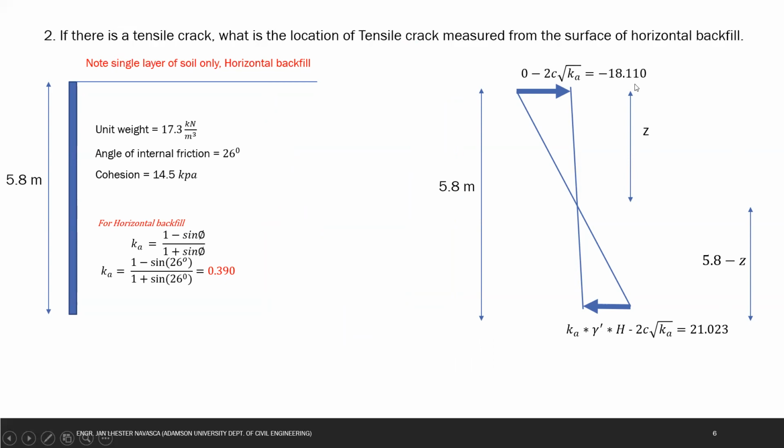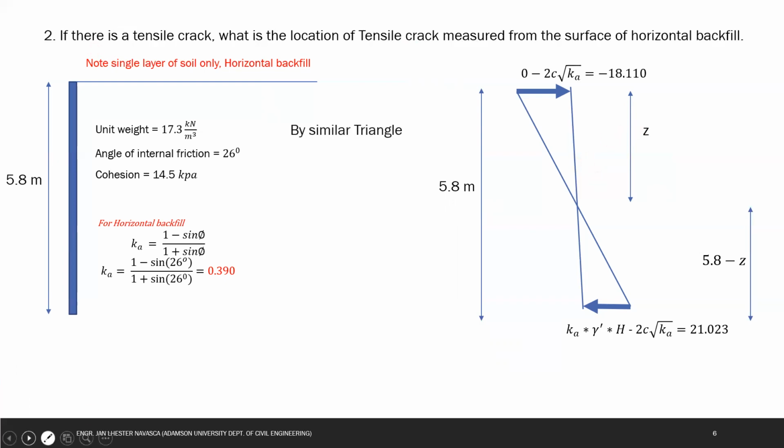So to find that tensile cracking location, we have this unknown variable Z. Okay, so this total length is 5.8, therefore this other length is 5.8 minus Z. Okay, so solving this Z by similar triangle.